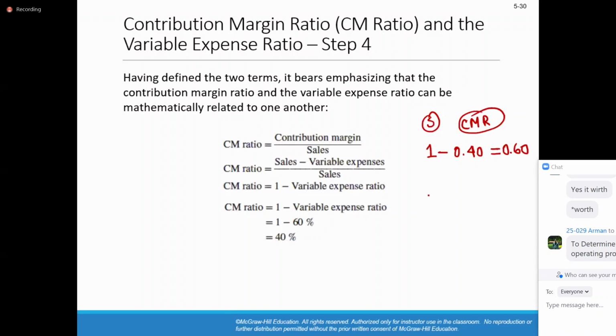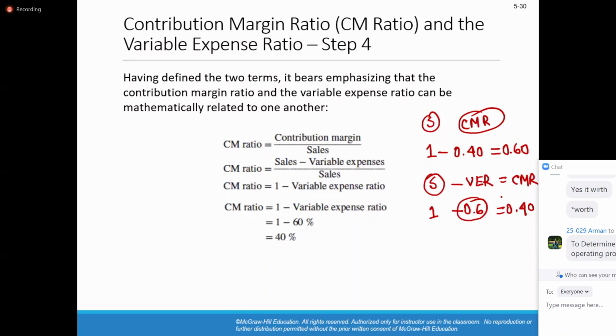Now, if we do just the opposite, we subtract from the sales of $1 the 0.6 variable expense ratio, what will we get? We get the contribution margin ratio.